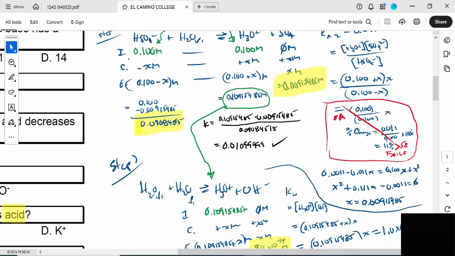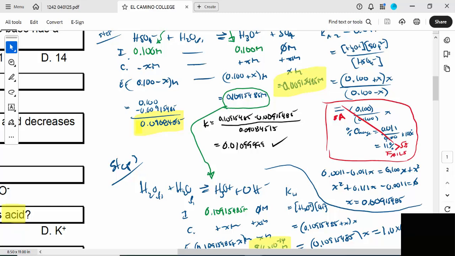And then I just used the quadratic solver for this. But that gives us a different x value. And we plug that x value back in here, get the equilibrium concentrations, and then double check the K. And the K checks out. It's 0.011.